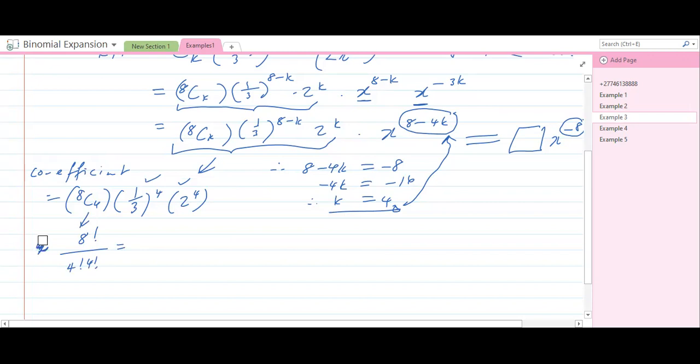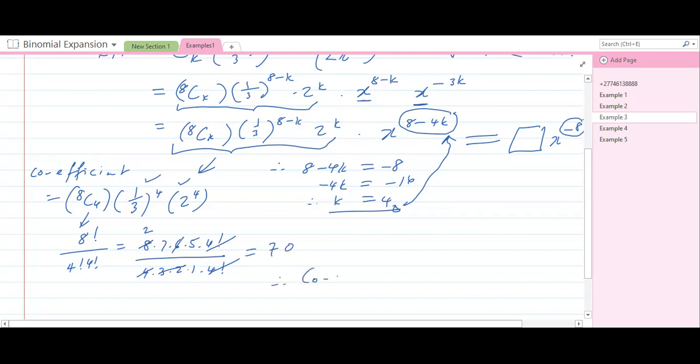So we're just working on 8 choose 4, not the entire thing. 8 choose 4 is equal to 8 times 7 times 6 times 5 times 4 factorial over 4 times 3 times 2 times 1 times 4 factorial. 4 factorial cancels out. 3 times 2 is 6, and 6 cancels out. 8 and the 4 cancel out 2 times. So all we have on top is 5 times 7, 35 times 2, which is 70.